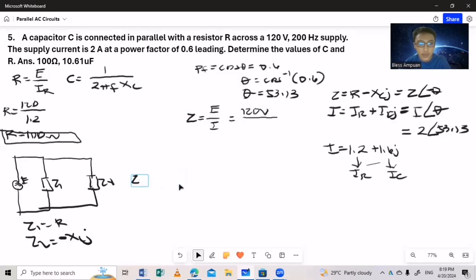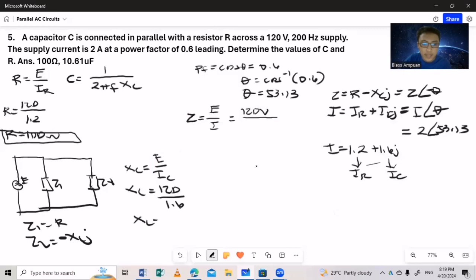To get the X sub C, we must use the formula E over I sub C. We know that our E is already given, which is 120, and also our I sub C is given, which is 1.6.